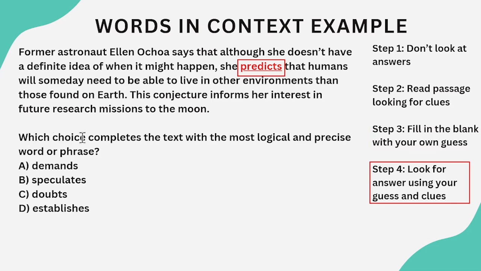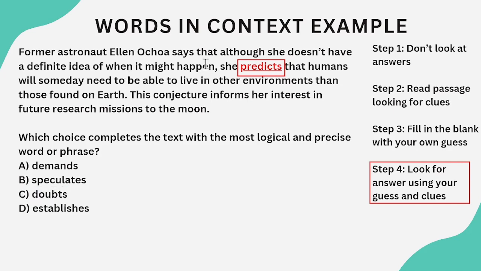So, which choice completes the text with the most logical and precise word or phrase? A, demands. This seems wrong as she doesn't have a definite idea. So she's not sure about it. She's not demanding it. B, speculates seems pretty good, right? Speculates, predicts. It's a not-negative version of something she's thinking about in the future that she's not sure of. C, doubts.